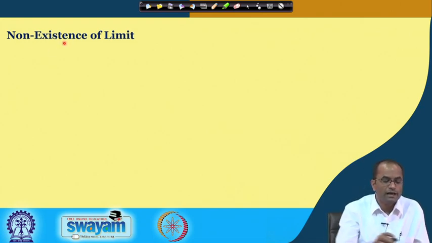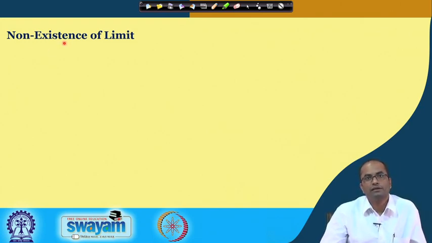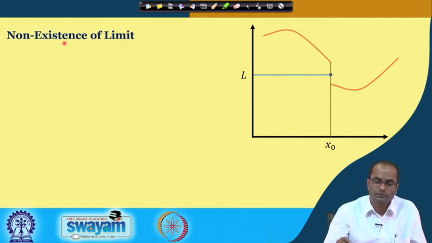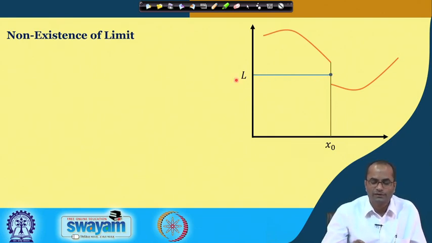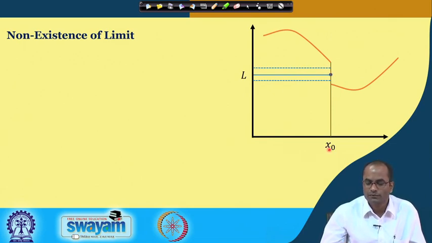So, what will happen for the non-existence of a limit, if the limit does not exist? For example, in this case, as x approaches x naught, the limit, whether right or left, is not equal to L. What will happen if we try to get a neighborhood around this L, and will the corresponding neighborhood around x naught exist or not?